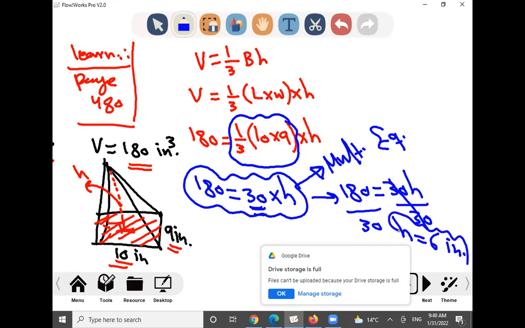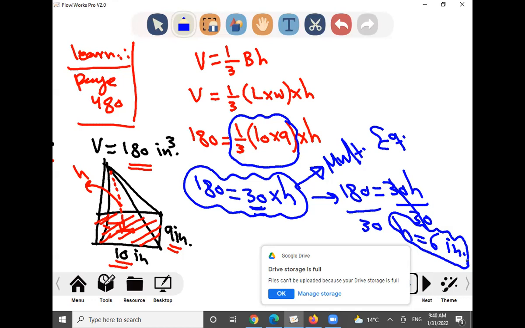So here, not a volume, it's a height. Now here we have an opposite or different idea. In the previous examples, they gave me the dimensions, length, width, height, everything, and they wanted me to find the volume.